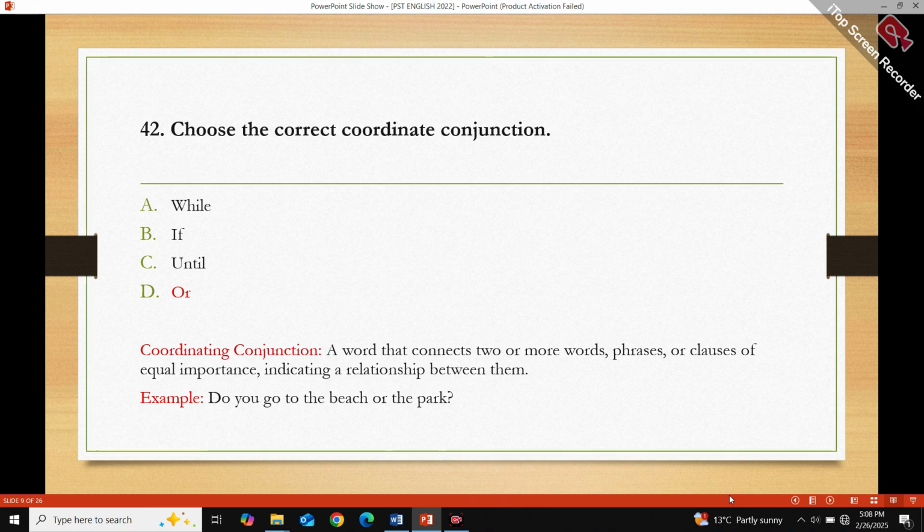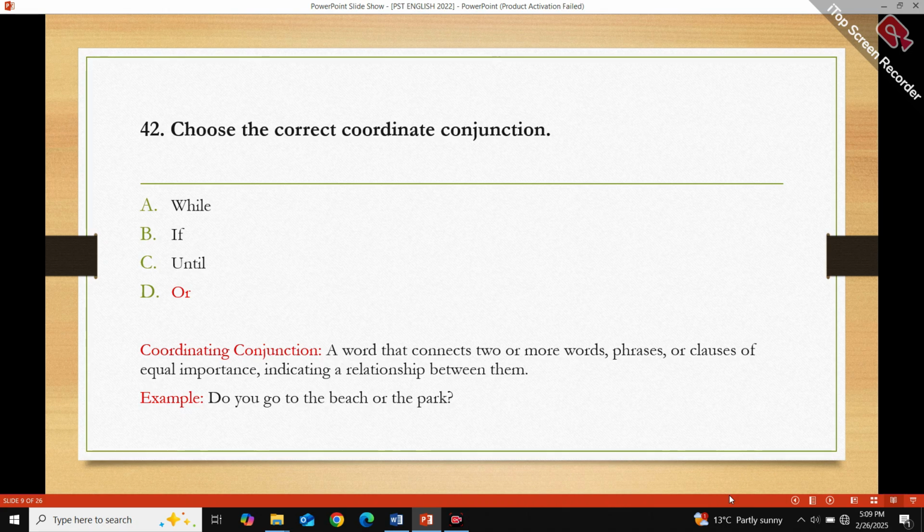Coordinate conjunctions connect words, phrases, and clauses of equal grammatical rank. In the options, option A is while. While is a subordinating conjunction, not a coordinate conjunction. Subordinating conjunctions introduce dependent clauses. Option B is if.